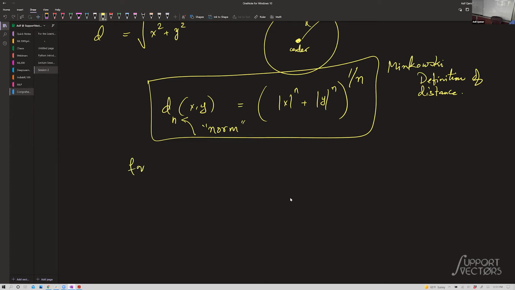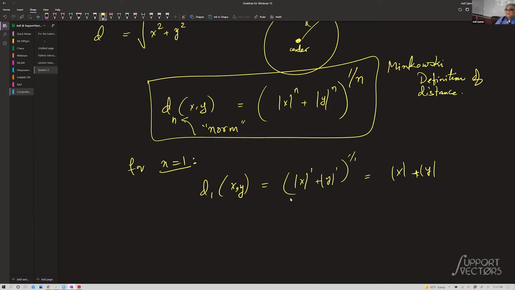For n is equal to 1, what does it become? d1 xy is equal to, let's look at this, x to the power 1 plus y to the power 1, the whole thing to the 1 over 1. And that is basically x plus y. What am I looking at? d1. d1 is what? Is basically Manhattan distance.